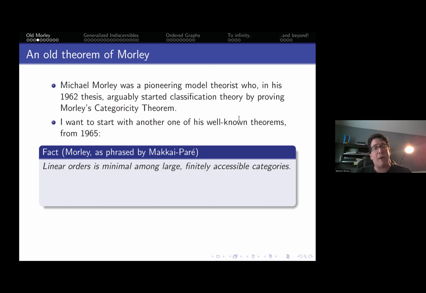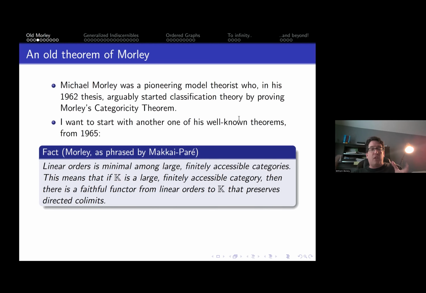And so how did they phrase Morley's theorem? The category of linear orders is minimal amongst the large finitely accessible categories. What does minimal mean? Minimal means that if K is a large finitely accessible category, then there's a faithful functor from the category of linear orders to K that preserves directed colimits.